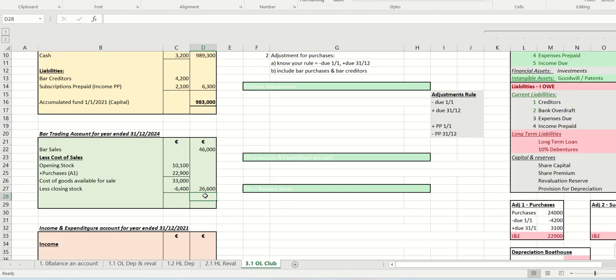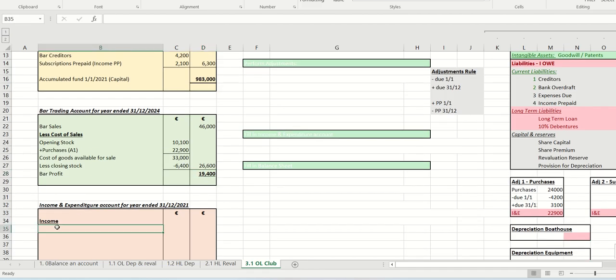We haven't sold our closing stock. It's still inside the counter of our bar. So we have to minus that off our number, making our number smaller. So now we have our bar profit, 19,400. And please get into the excellent habit of putting that bar profit straight into your income and expenditure account.